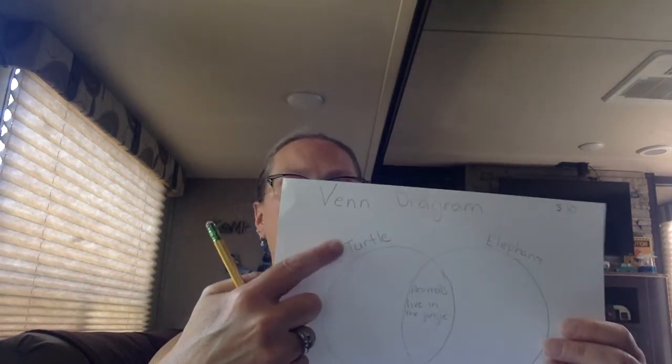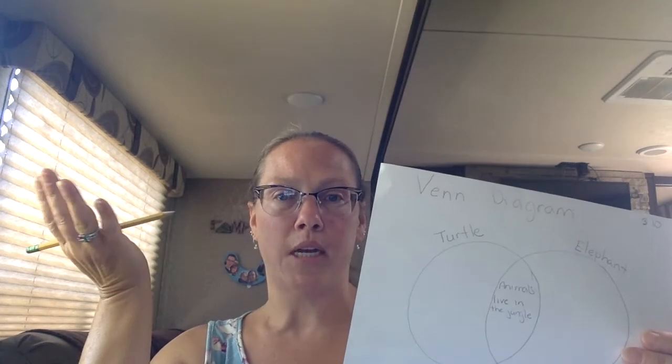Now, let's turn to how they are different. Who can give me some characteristics that they know about turtle? How is turtle different? What does he look like? Or what do you know? Did somebody say that turtle is small?